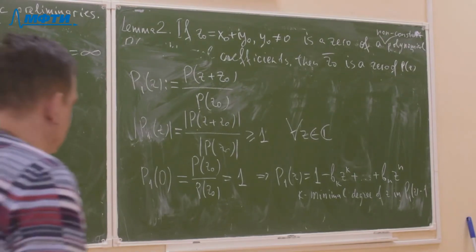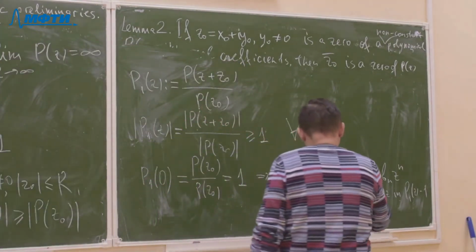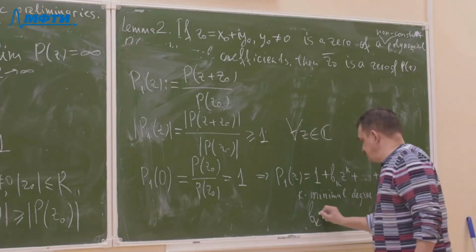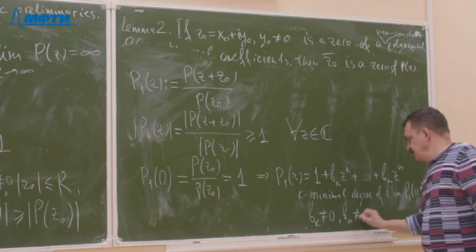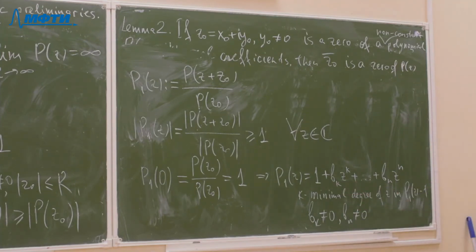Okay, so plus, here I should take plus. So b_k is not 0, and also b_n is not 0, since we have a polynomial of degree n. Okay, and remember that the modulus of P1 of z is always greater or equal than 1.